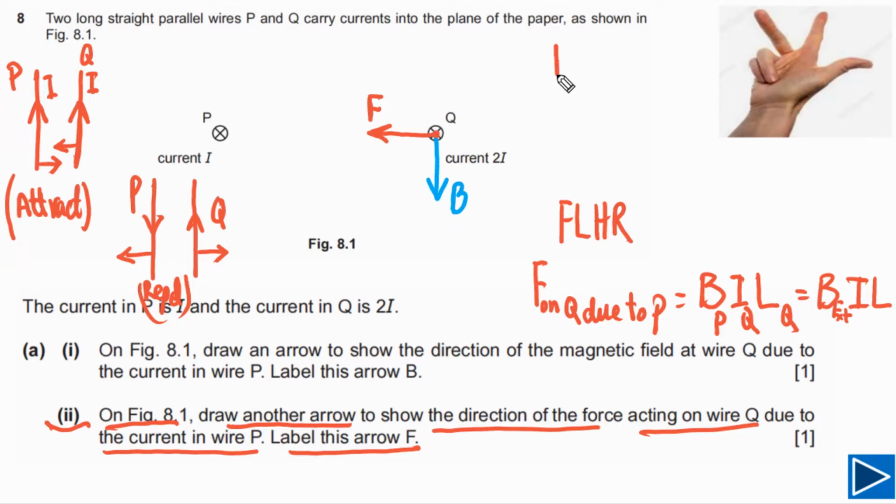Now we have to use Fleming left-hand rule. So first thing we need to understand, thumb represents the direction of force.